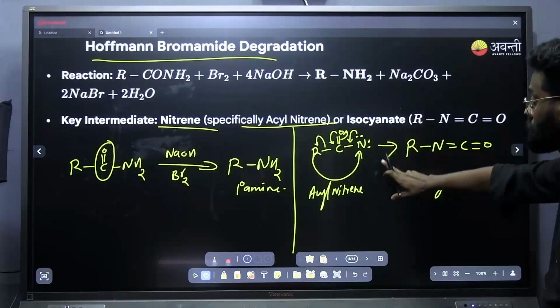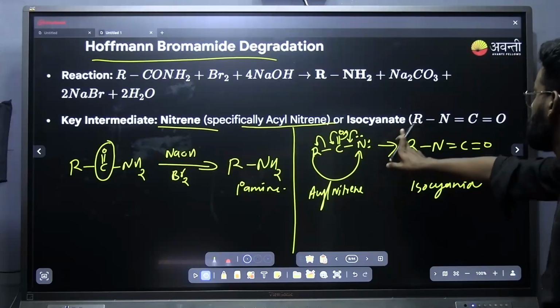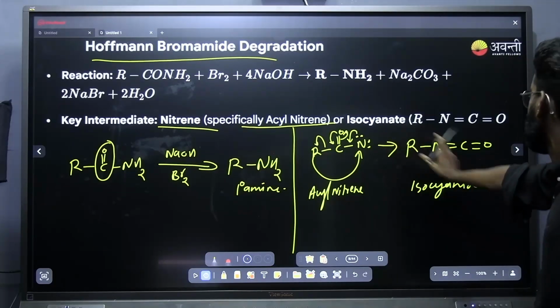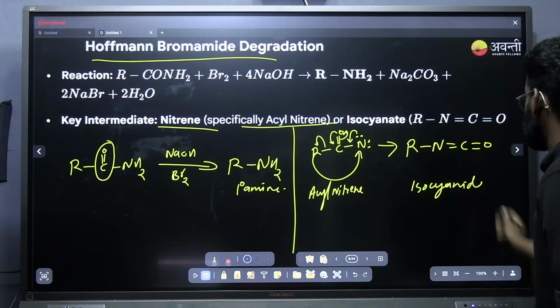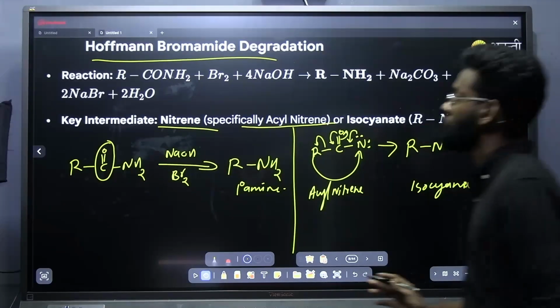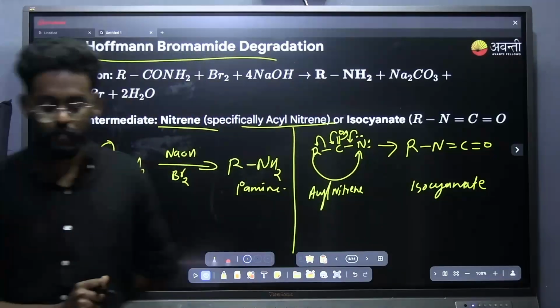This can also be asked in the question. Acyl nitrene which will be involved in the Curtius rearrangement, and we will be getting isocyanate. Okay, so these are the points you should note down in Hofmann bromamide degradation.